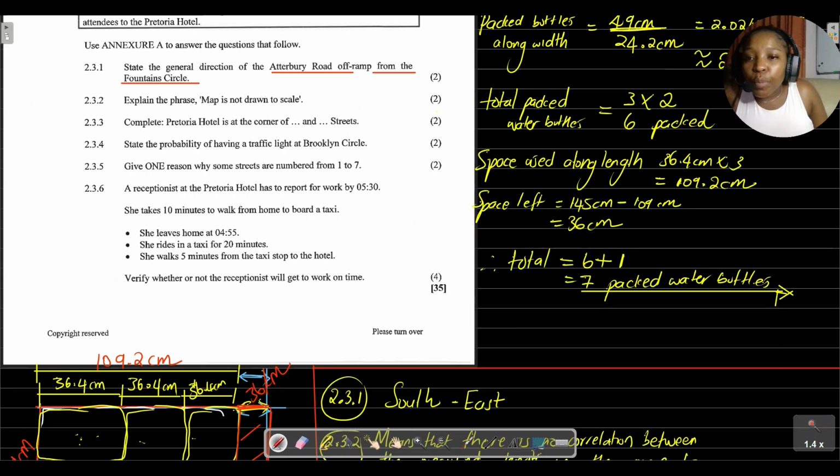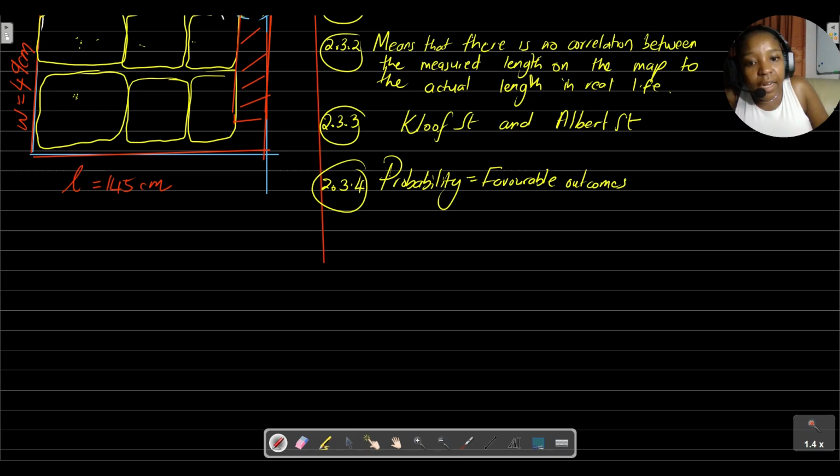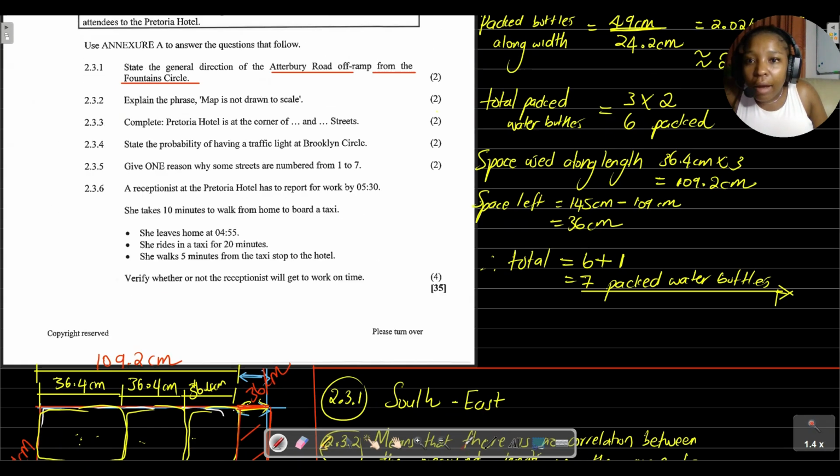2.3.4. State the probability of having a traffic light at Brooklyn Circle. So remember, even before we get started with calculating probability, let's just write down our formula. Probability is equal to what? Favorable outcomes divided by total outcomes. So what are the favorable outcomes?